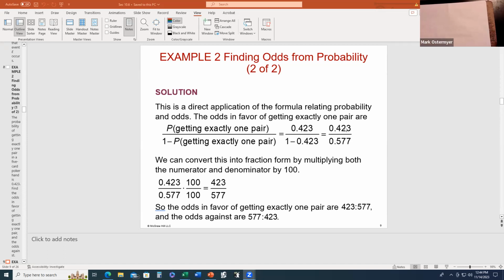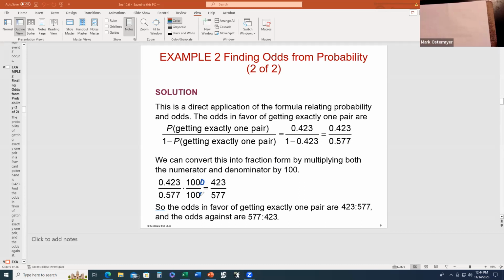ratio by multiplying the numerator and denominator by 1,000. This should be 1,000 here. Yet another typo surfaces in these PowerPoints. That should be 1,000 here.